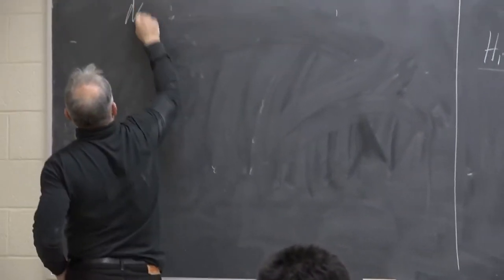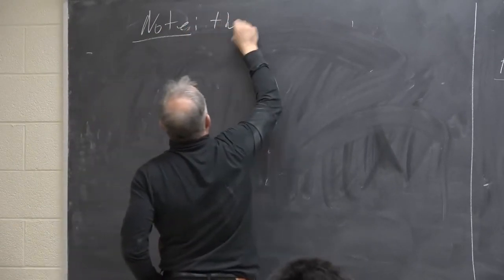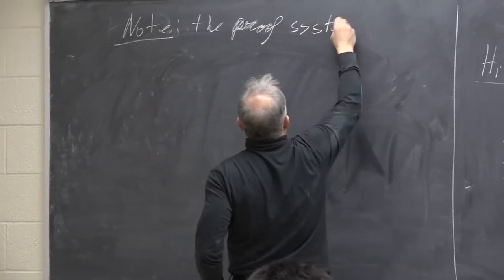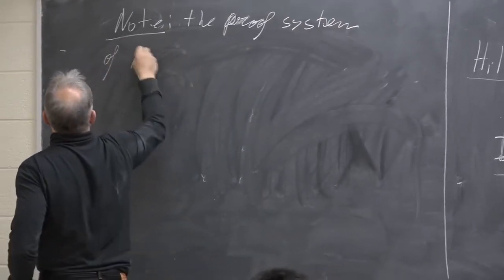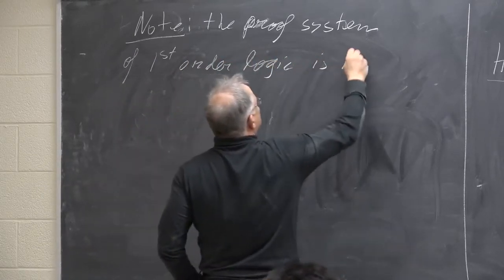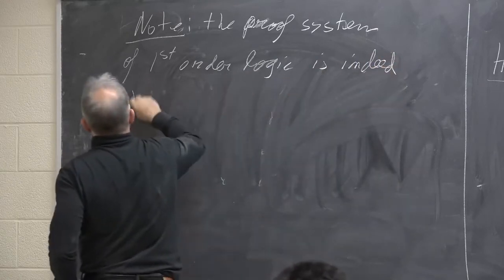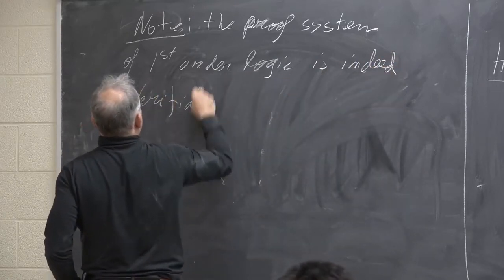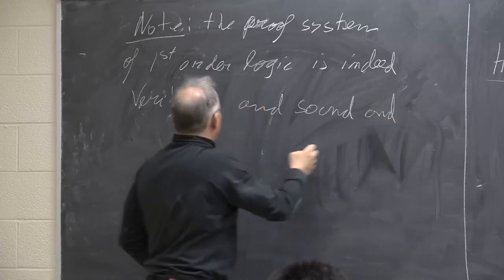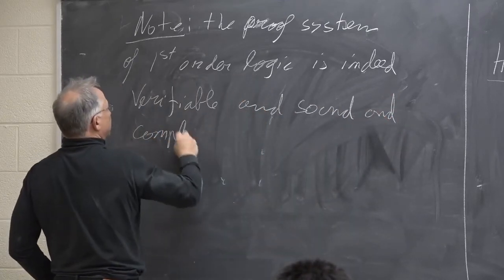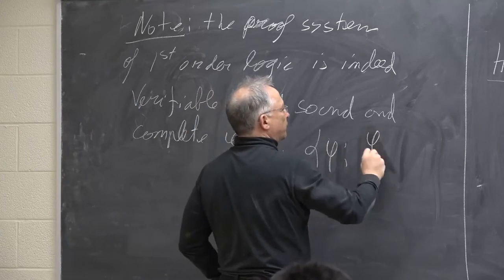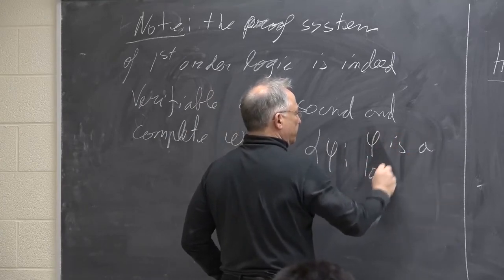So just note the axioms, the proof system of first-order logic that we saw, is indeed verifiable and sound and complete, but we have a different notion here, with respect to the set of all phi such that phi is a logical truth.